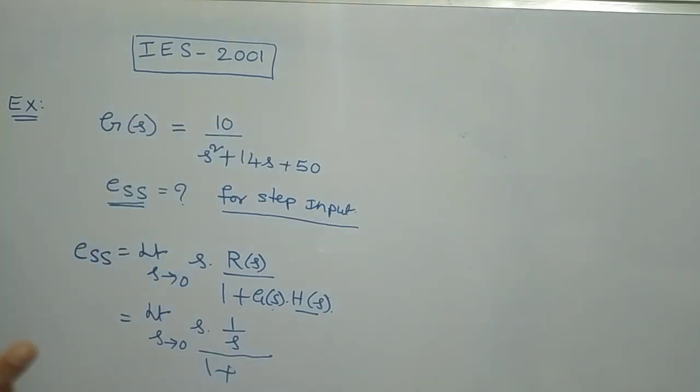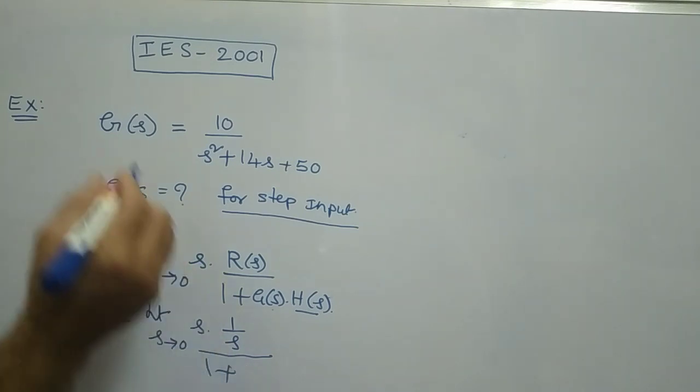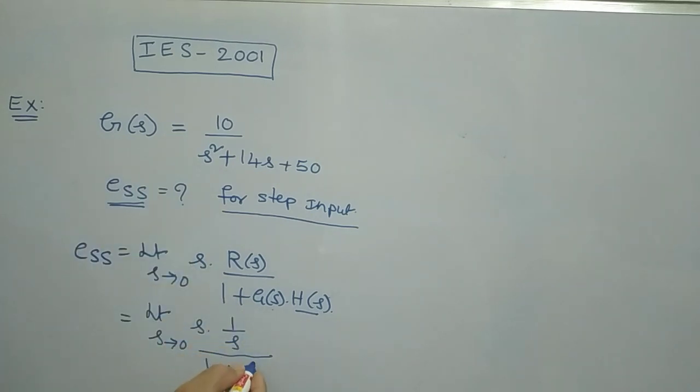Whenever unity feedback is mentioned in the problem, assume that h of s value is 1. H of s is equal to 1. Therefore, you will have only g of s value, meaning 10 by s square plus 14s plus 50. Clear? Now this s will cancel out.